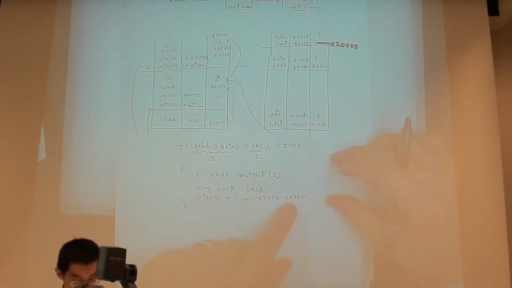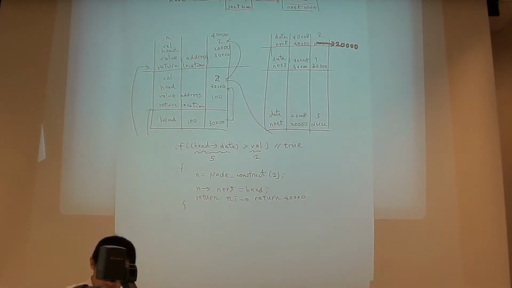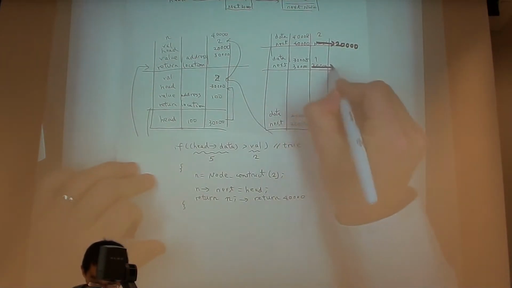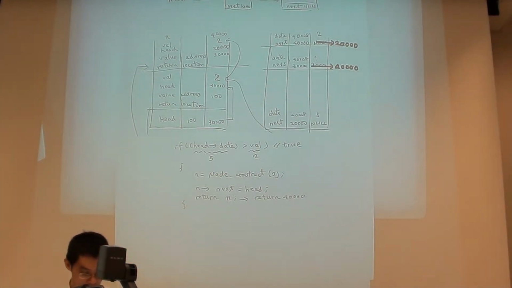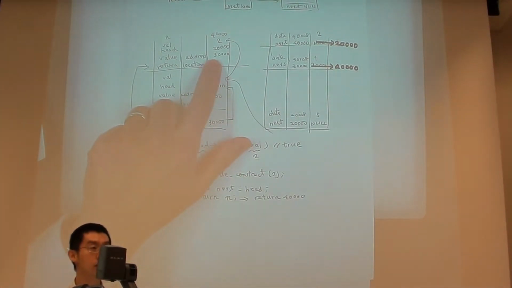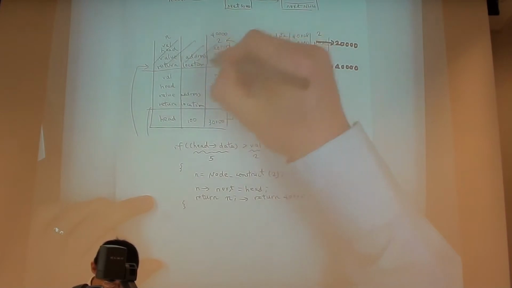I want to write 40,000 into the address 30,000. Therefore, this becomes 40,000. Why? Because the value address 30,000. This function returns. Therefore, this top frame gets popped.